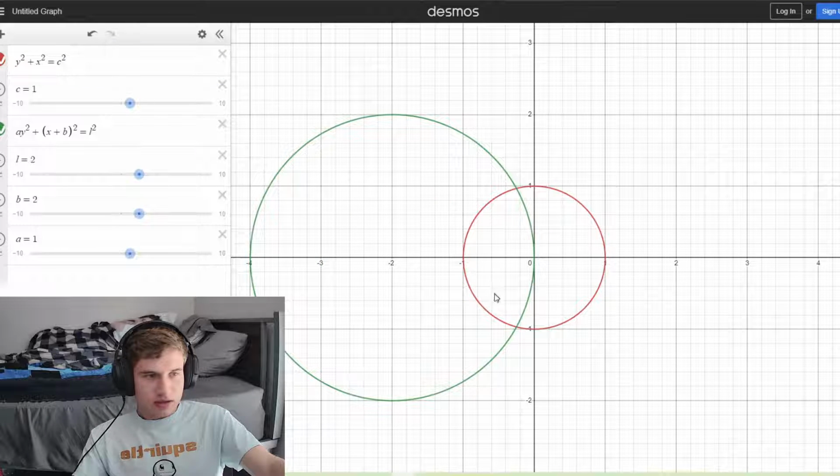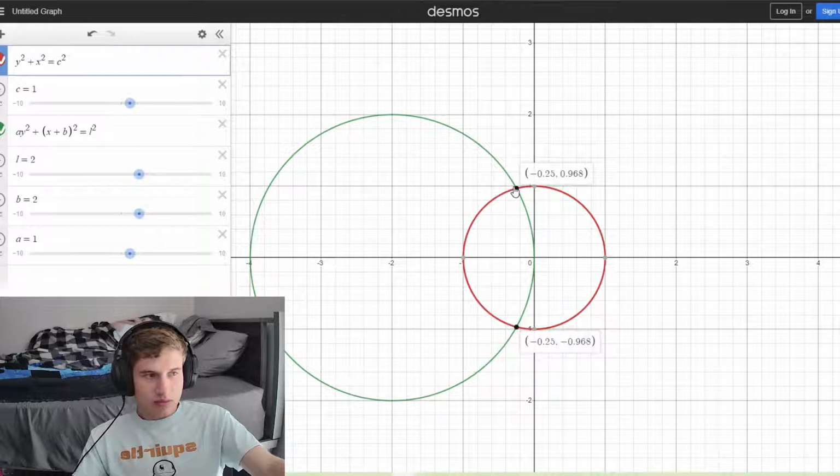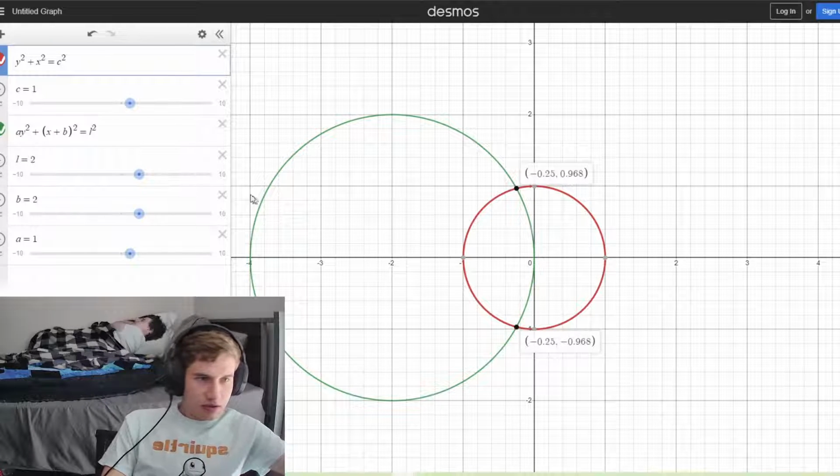Now they're intersecting on 2 points. I want to find out how we know the location of these 2 points relative to this line right here, line -2 to 0. And that is going to be hard to find out.